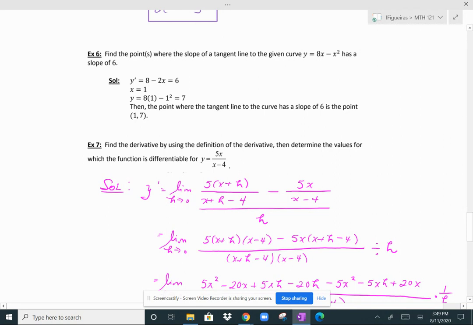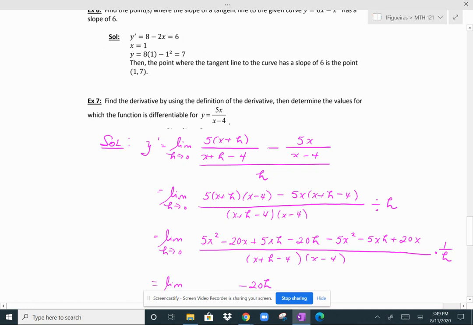Now this is similar to one we did earlier. I need to get a common denominator, and the common denominator is just the product of these two. So the first rational expression gets multiplied by x minus 4. The second one gets multiplied by x plus h minus 4. And then I'm rewriting this divided by h like this, so I can show you in more detail what happens with that h.